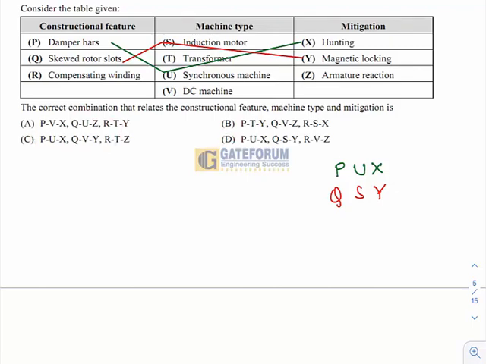Okay, so we have to also see the compensating winding, right? The compensating winding are generally placed in the slots that are cut out from the pole shoe of the DC machine. ठीक है, तो compensating winding कहाँ रहता है? They are placed in the slots in the pole shoe, in DC machine. And why are these compensating winding used?